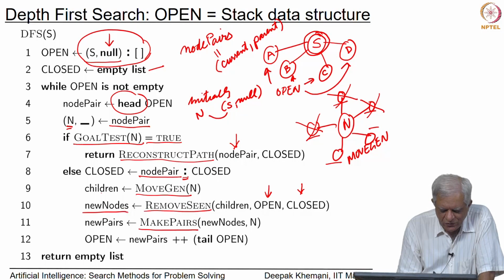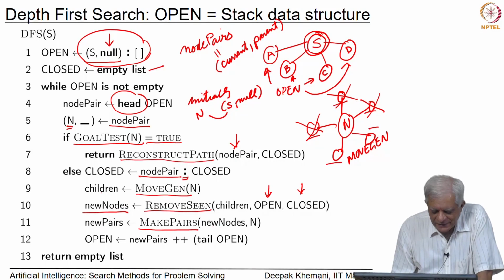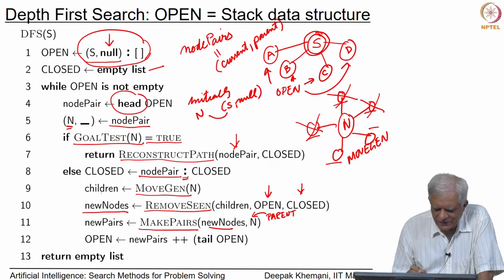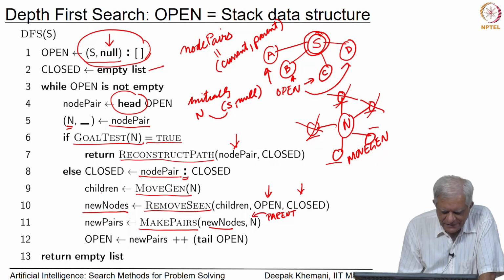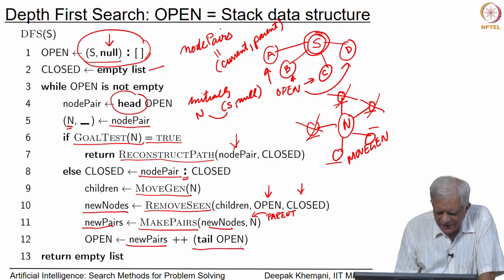So, it will take these new nodes which we got after removing all the duplicates, and for every node in the new nodes we will keep n as a parent, because all these were children of n essentially. And having constructed these new pairs, we will simply add new pairs to the head of this thing. So, we will append these new pairs at the beginning of the new open.